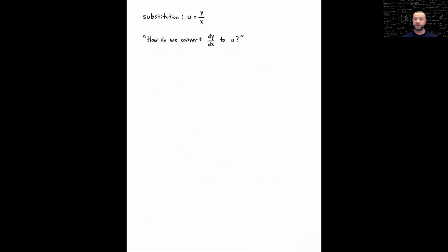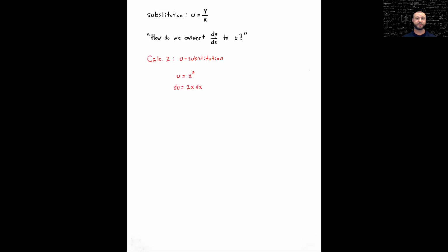So previously, we just saw where this substitution comes from with that motivating first example. What we need to address is how do we convert the derivative dy over dx to u? Again, this shouldn't be surprising. Think back to your Calc 2 course.